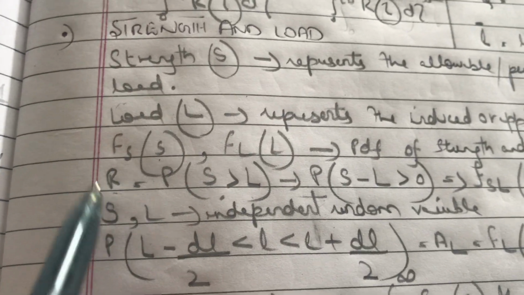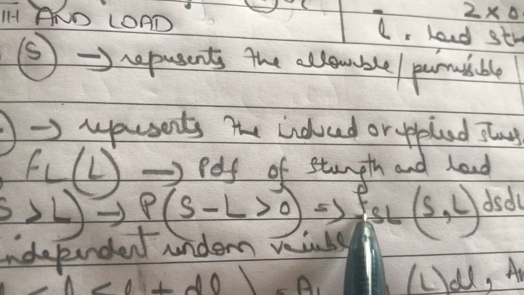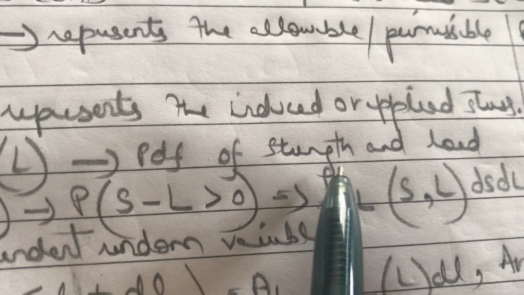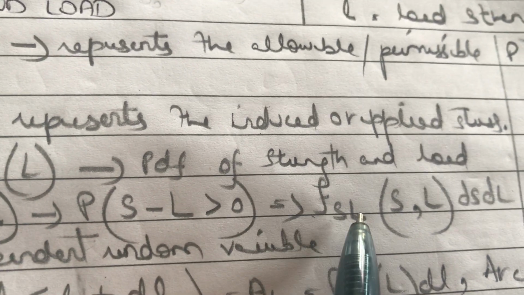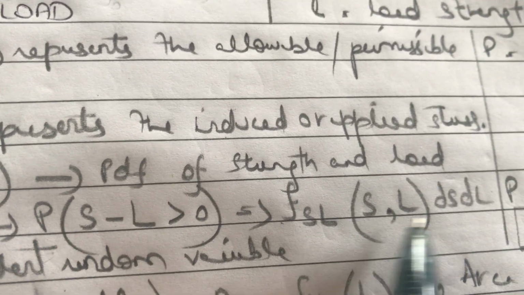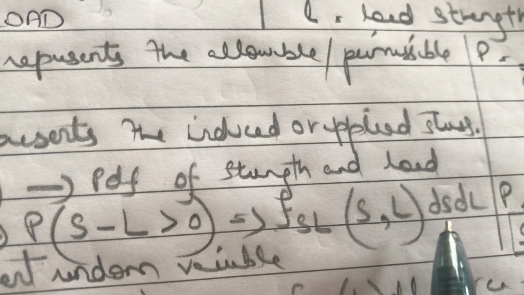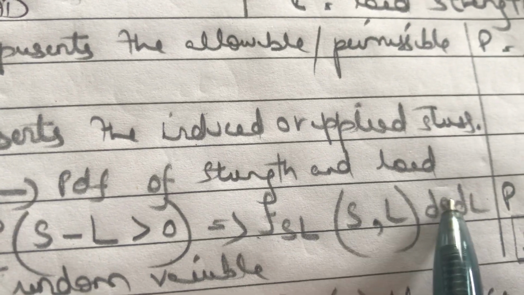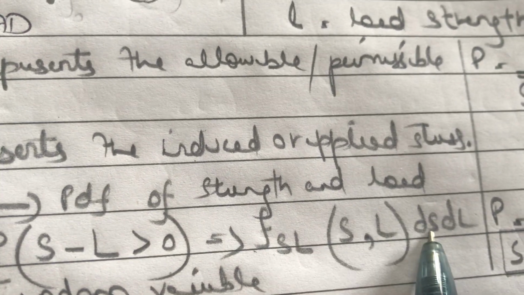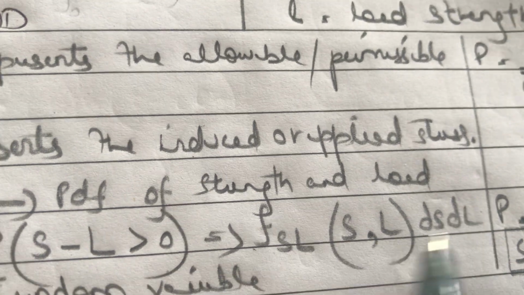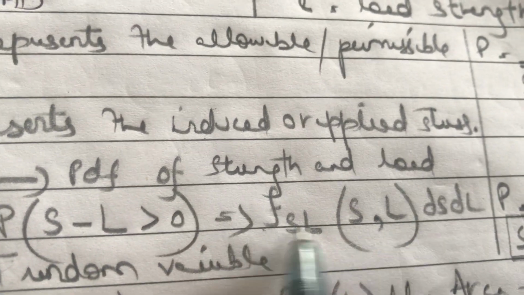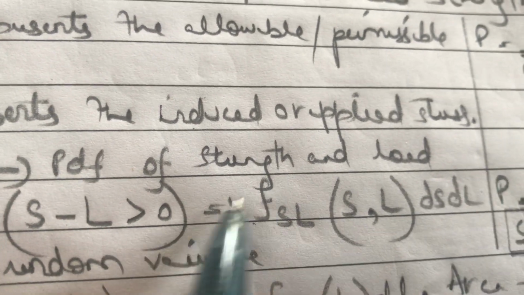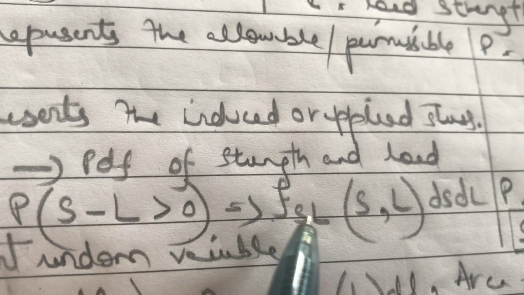And what would be the end equation? The reliability for strength and load would be the probability of strength and load, the joint PDF of strength and load, times ds and dl, with respect to S and with respect to L. This is the joint PDF for the strength and load, and this is the reliability of our random variables.